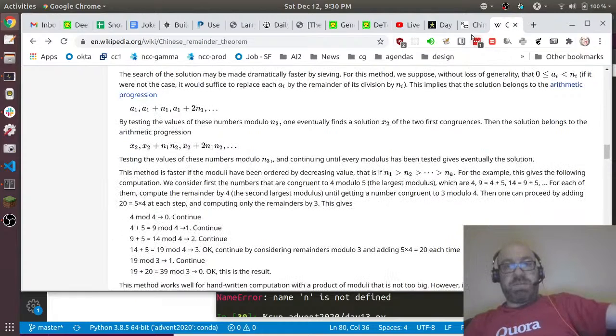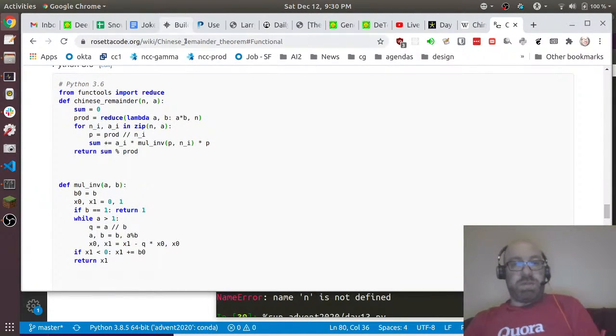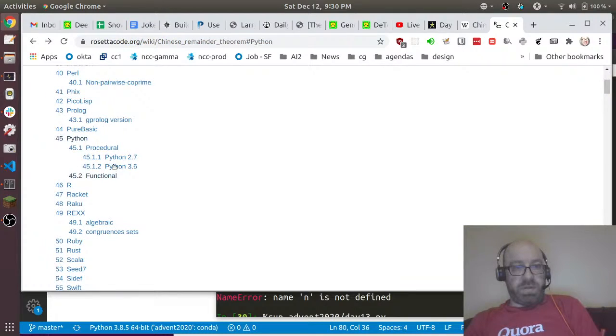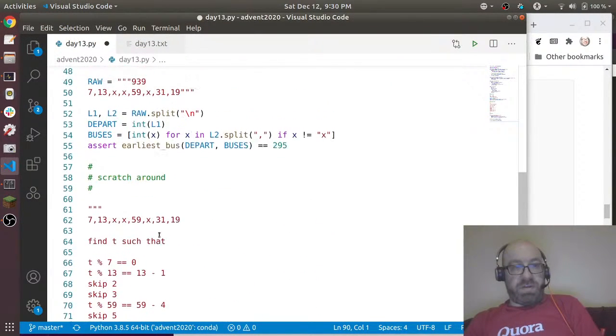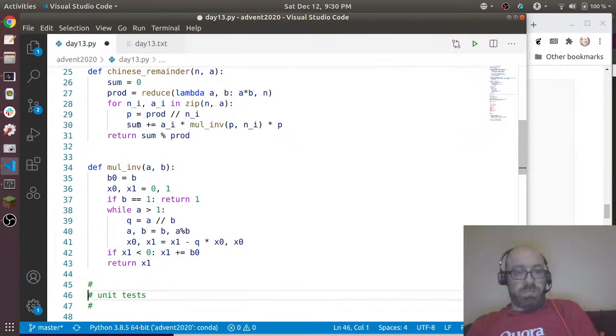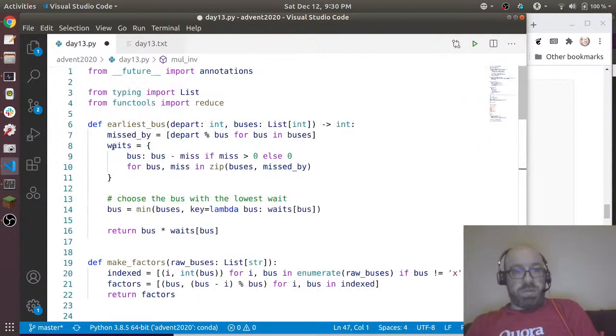So I said, let's find someone else who has already solved it. This is not functional. Let me go back and do a little bit of attribution. What is going on here?